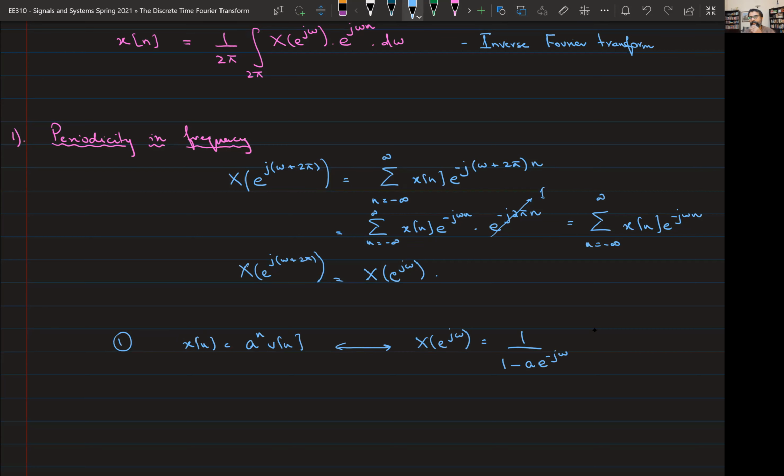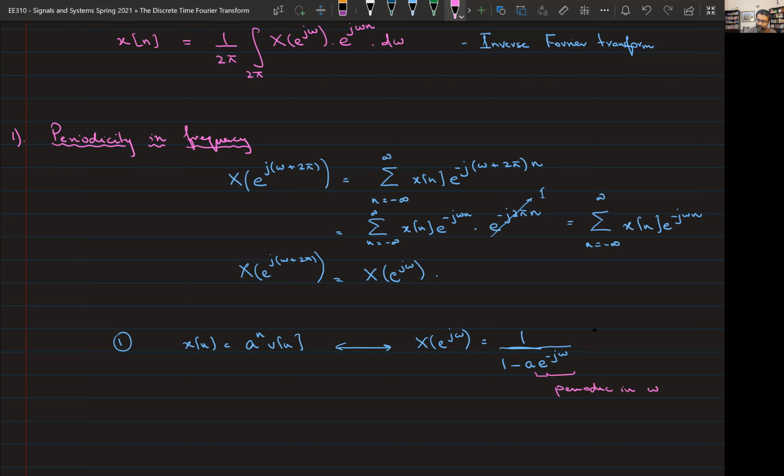And clearly, is this periodic or not periodic? If I just look at the expression on the right-hand side, is this periodic in omega? And the answer is, of course, yes, because this thing here is actually periodic in omega.